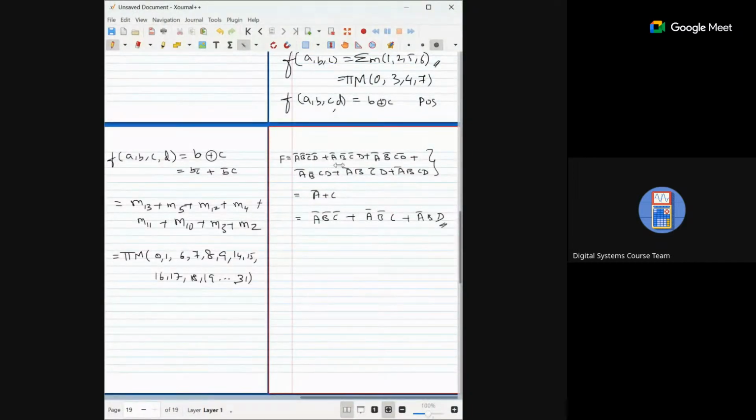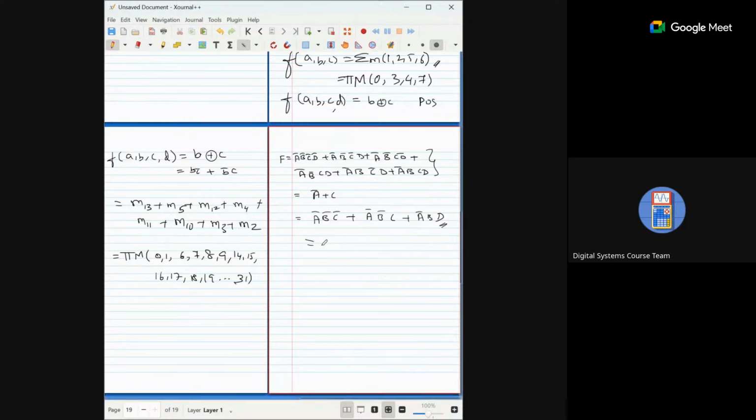Everything is relative. Okay, let's try to proceed so that we can simplify it if possible.